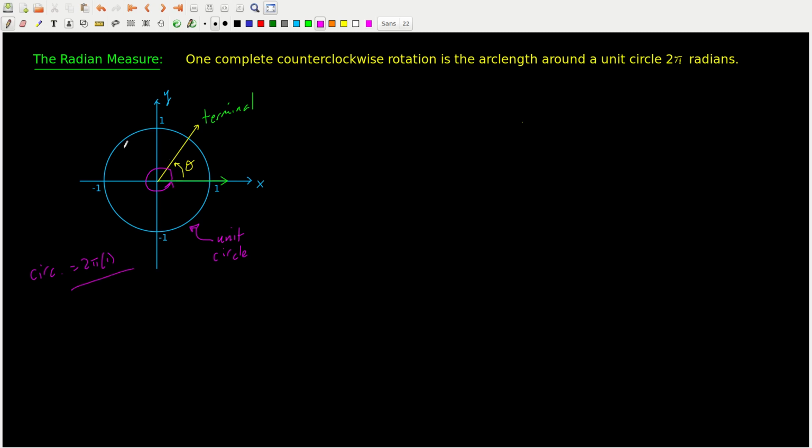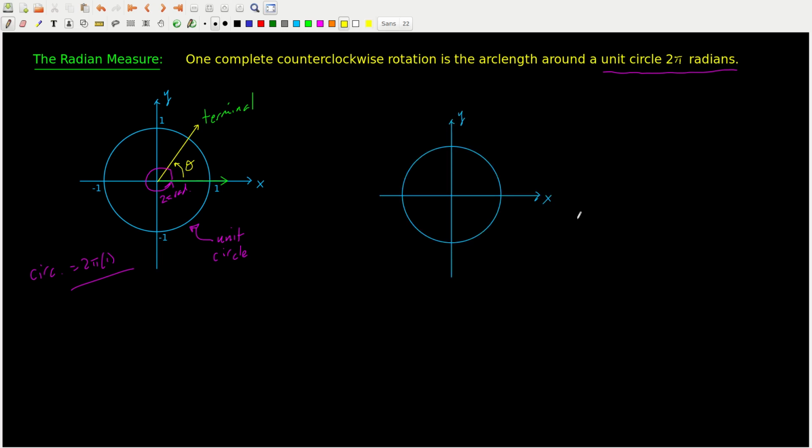So the distance around this unit circle is 2 pi, and we define that to be the angle measured in radians around that circle. So one complete rotation is 2 pi radians, and that means we can split the total thing up like we did before with degrees.